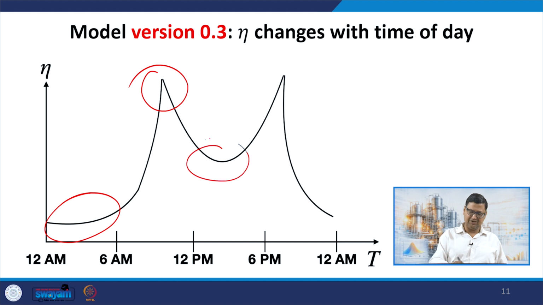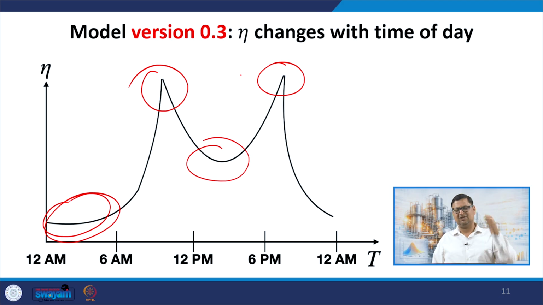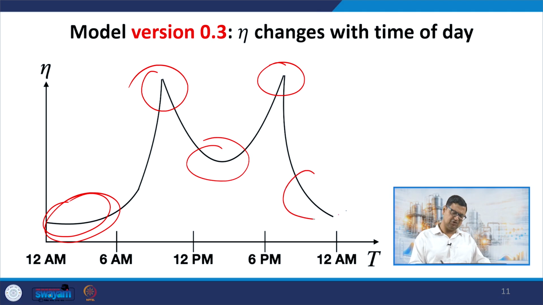In the afternoons, the traffic may go down, but not as low as in the early morning. And then again, when it is time for office closure, we will have a rush hour, the traffic will go up, and eventually it is going to go down again, and we will have a condition like the early morning condition, right? And from historical data, one can have a function that dictates how the traffic density is changing with time.